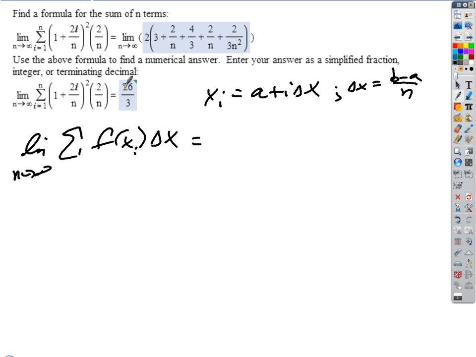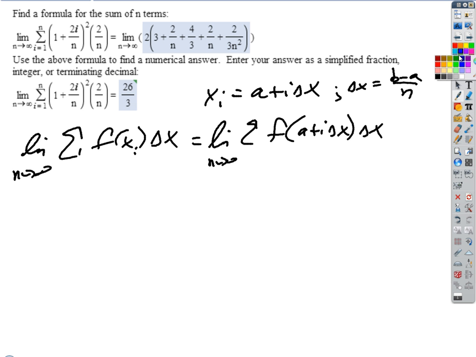Can we do that? Alright, so this looked like the limit of the sum of f of x sub i, so it's got to be f of a plus i delta x times delta x. Put those side by side, or line them up vertically, and see, what would f of x have to be?